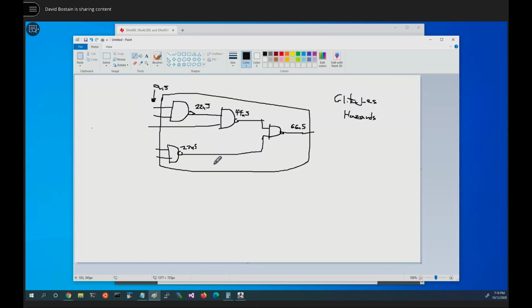We could put some artificial delays in here to make it so that it's the same. For example, let's assume I had clock and I had not clock, and I wanted them to arrive over here at the same delay time because I want my 2 clocks in sync with each other. Well, I drop down here and add an inverter. An inverter is a lot like a NAND gate.